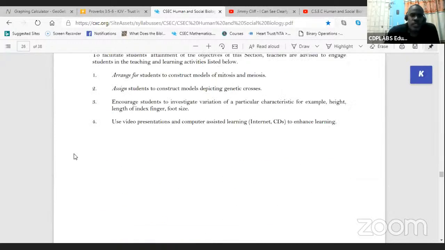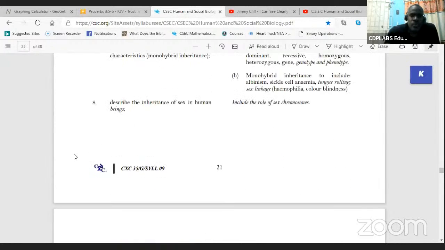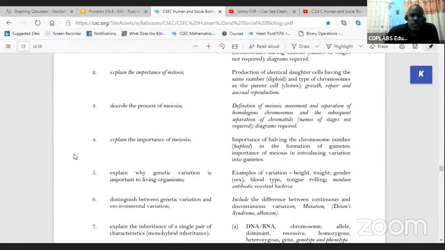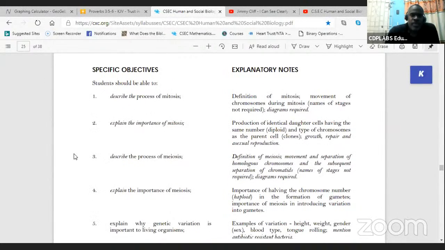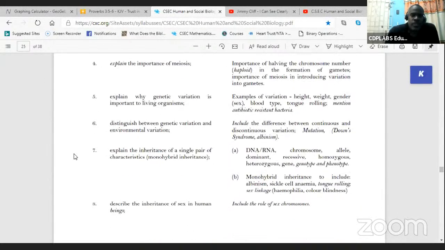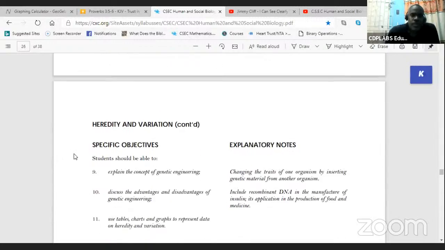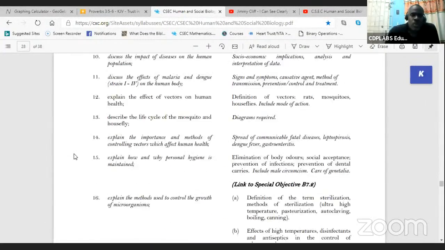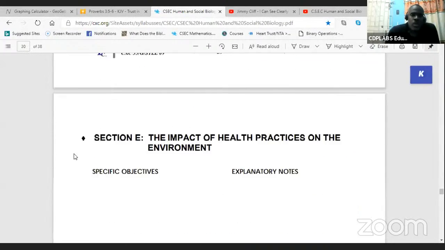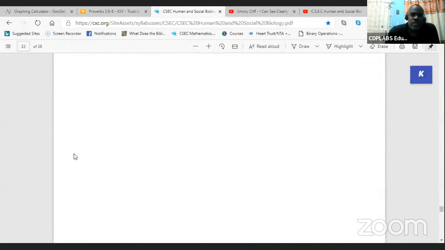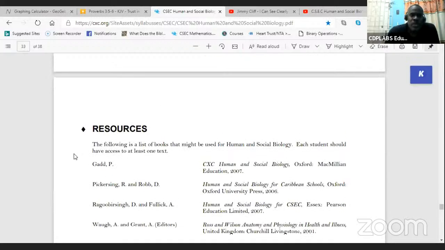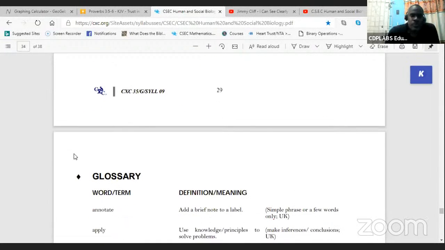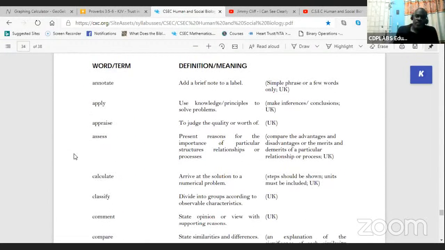Now, before we go to the glossary, I want to look at some words being used in the syllabus. Describe, explain, distinguish, etc. If the syllabus says you must describe, there must be a way to do it, doesn't there? The glossary is very important to read in the syllabus, students.